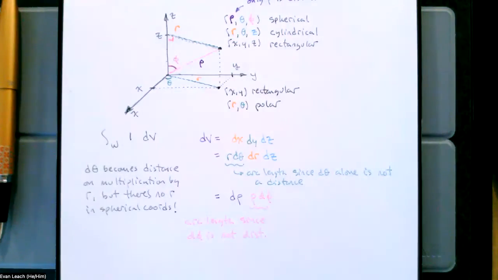That r on the xy plane is the distance from the z-axis to the point, parallel to the xy plane. I need to write that in terms of rho and phi. And notice that it's in a triangle with phi and a hypotenuse of rho. So it's what we would normally call the vertical component because it is opposite the phi. So r is equal to rho times the sine of phi.